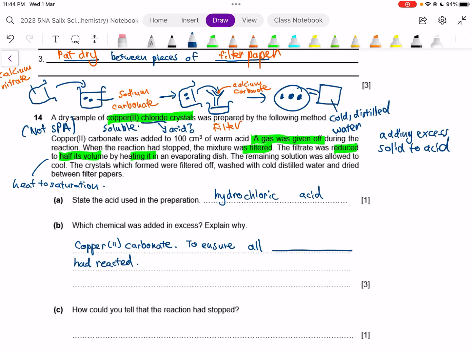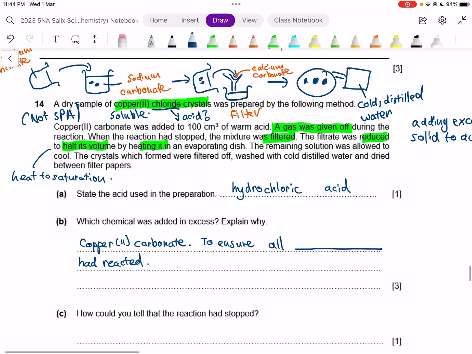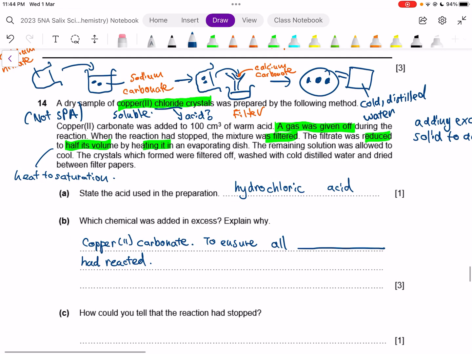Which chemical was added in excess? It must be the solid, which is the copper(II) carbonate. This is to ensure all the acid had reacted.